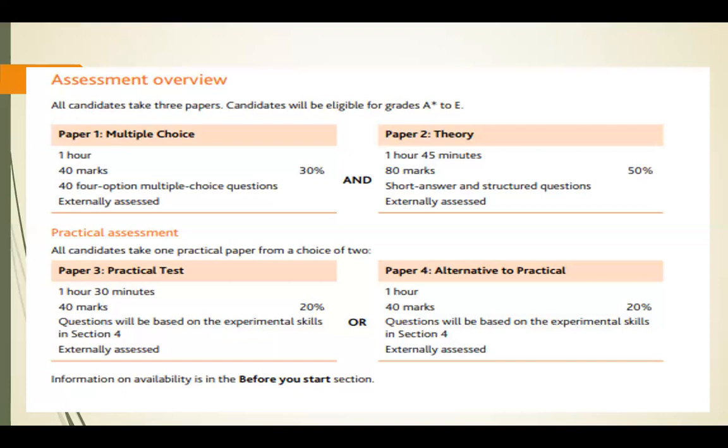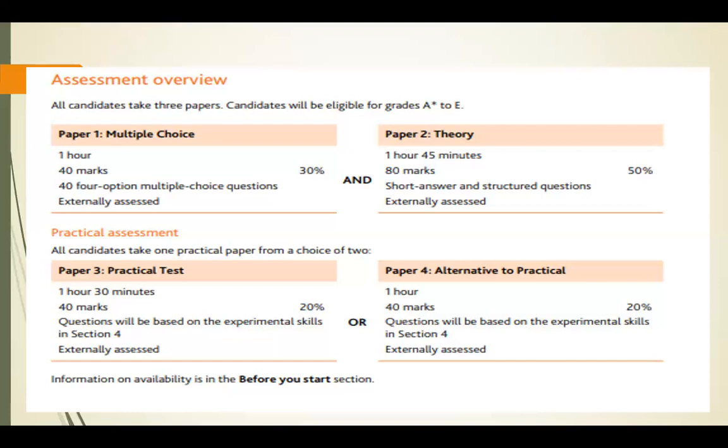Both MCQs and the theory paper are externally assessed, which means they will be assessed somewhere else other than your school. Theory contributes 50% in your overall result. 80 marks are a lot of marks, and 50% is your contribution from your theory exam. What kind of questions you will be facing, I'll tell you later, inshallah, in the same presentation.